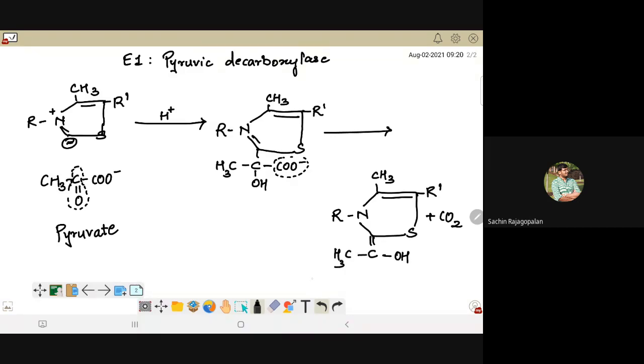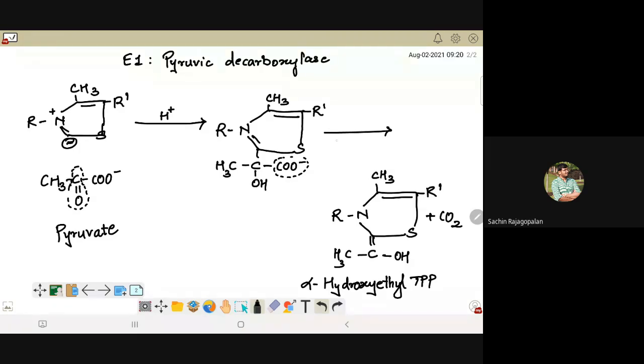So this structure is what we call alpha hydroxy ethyl TPP, because you have TPP group and you have hydroxy ethyl group. That's why you call it alpha hydroxy ethyl TPP.